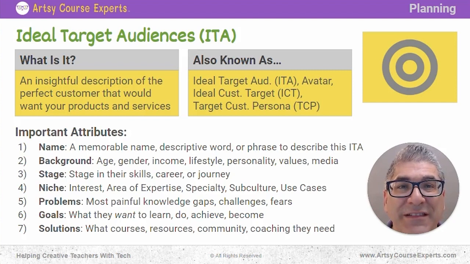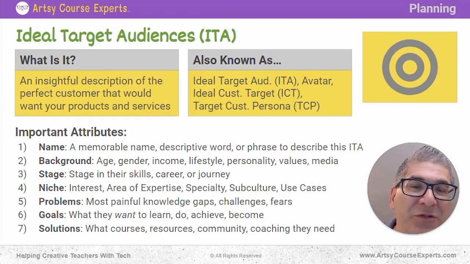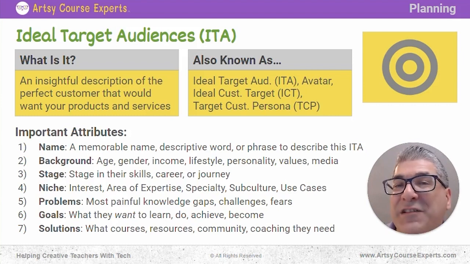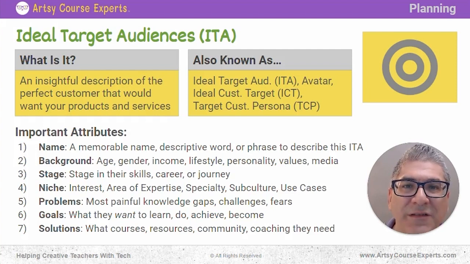And then your services, you're going to be able to come up with service names, service descriptions that match the pains and goals and challenges that your students want. Even testimonials or reviews, you're going to be able to extract out the right content, the right testimonials, the right words that use the language that your ideal customers are struggling with.